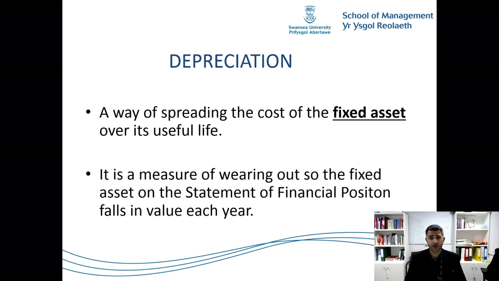This is a method that you need to include in the statement of financial position, where you record the cost minus depreciation, or accumulated depreciation, in order to find the market value of the non-current assets.